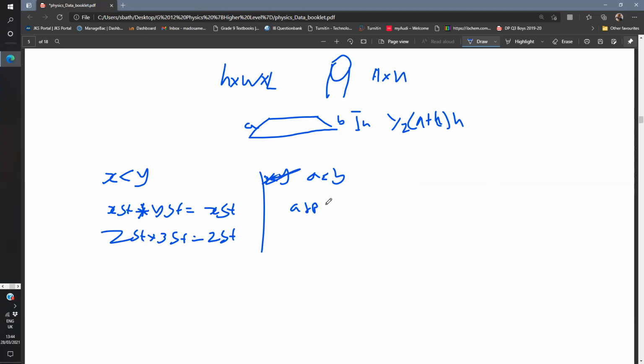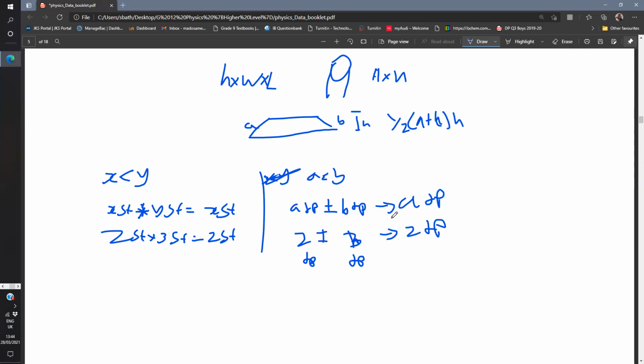So in addition or subtraction, we look at the decimal points: A decimal points plus or minus B decimal points. The final answer will have to be in terms of A decimal points. So 2 decimal points plus or minus 3 decimal points, the final answer will have to be in terms of 2 decimal points.